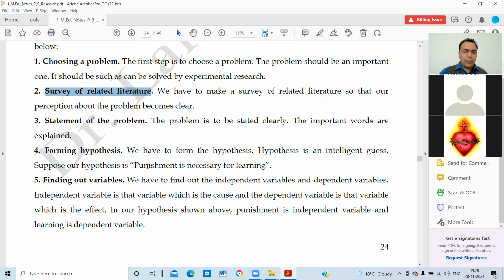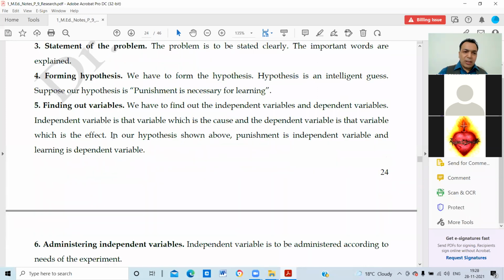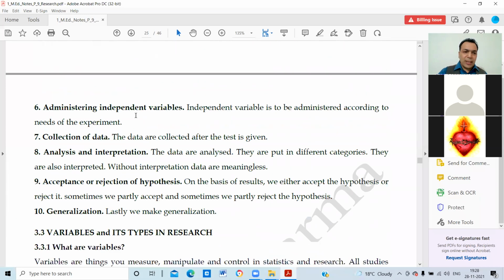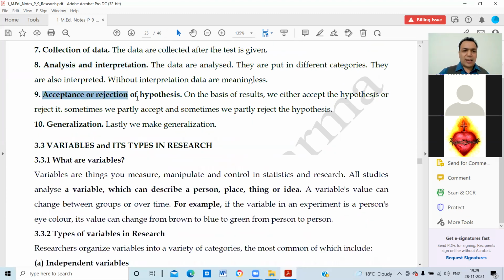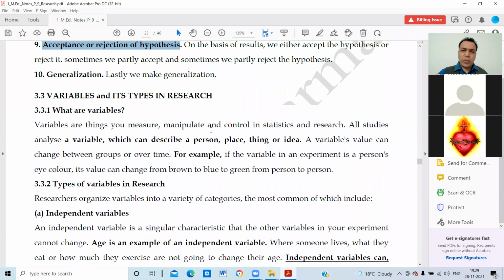Under this, we prepare a hypothesis. Then we find out and administer the variables. Then we collect the data, analyze the data and interpret the data. We see whether our hypothesis is rejected or accepted, and lastly we make a report and generalize.